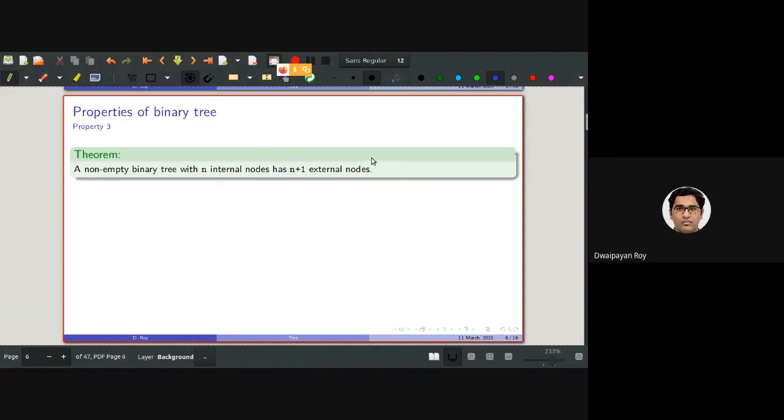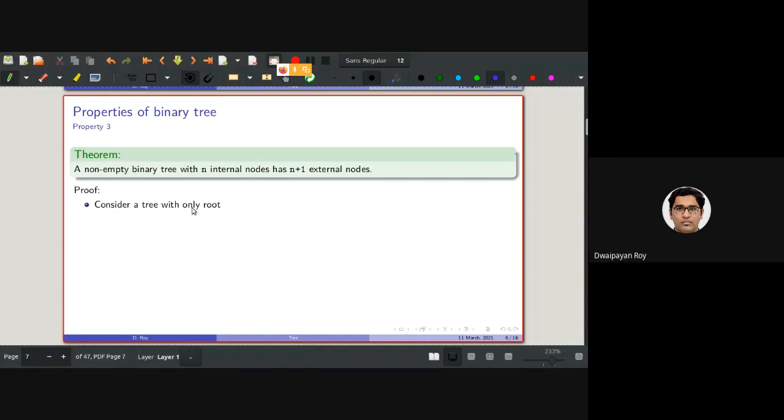Anyone? A node which has at least one child. Yes, a node which is having at least one child is called an internal node, and external node is basically the leaf nodes.